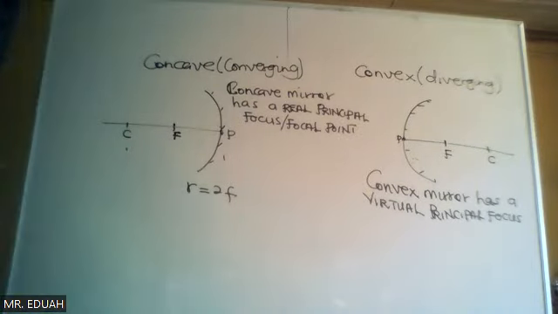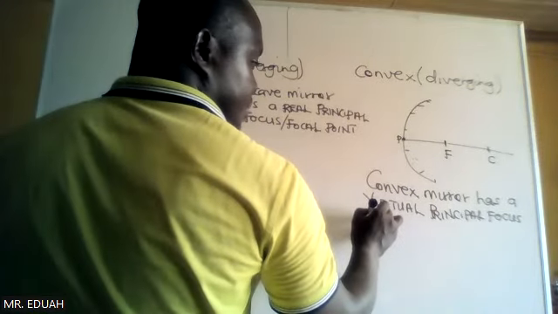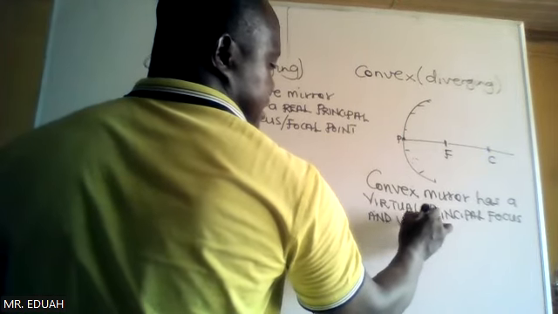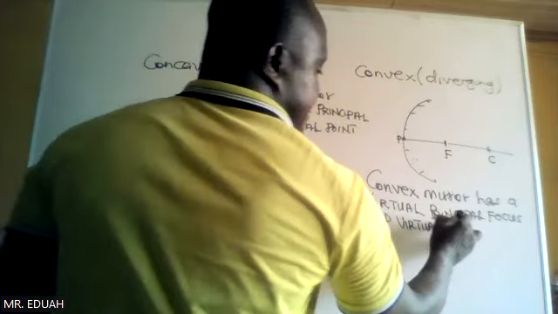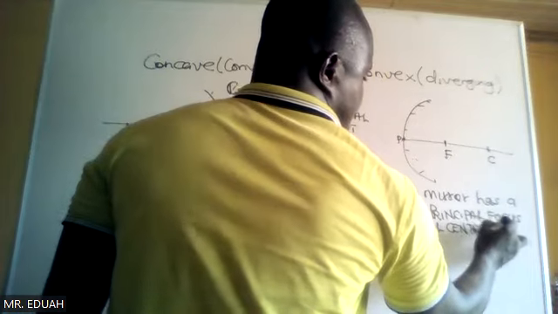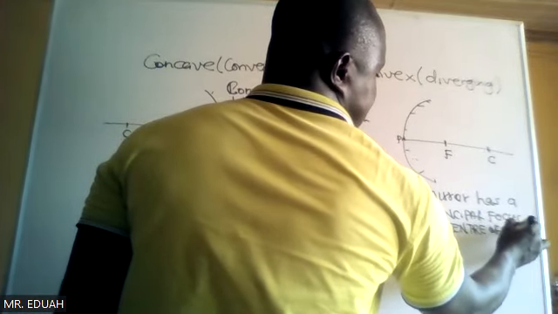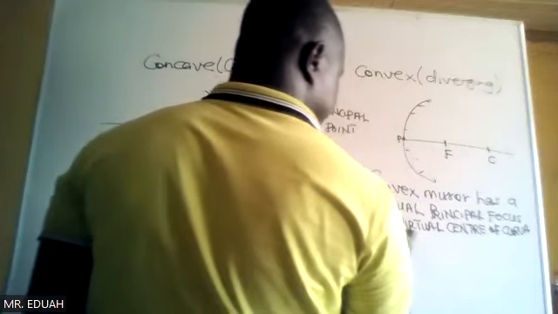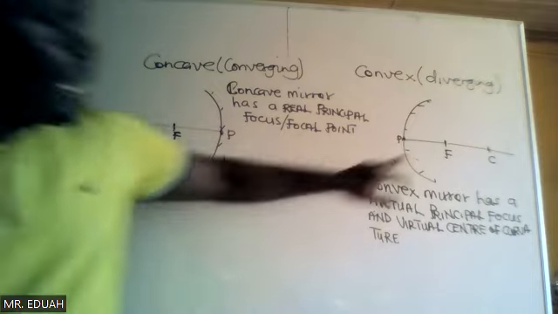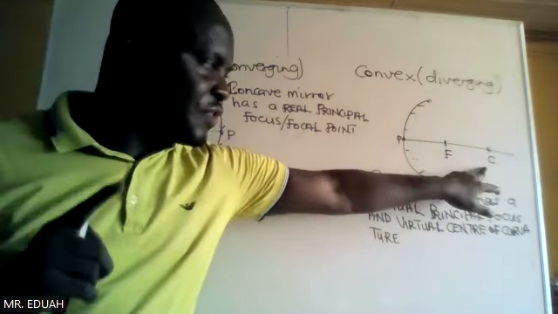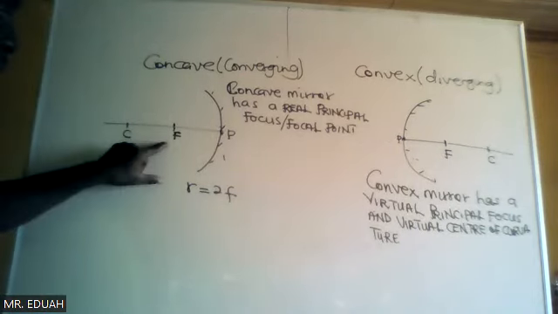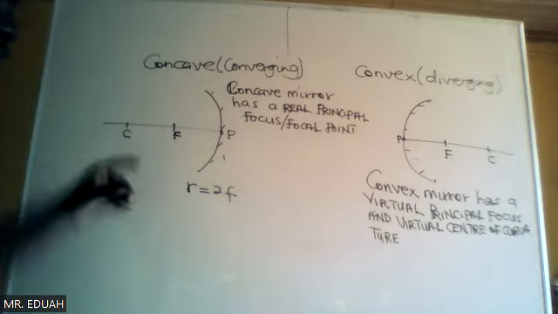and a virtual center of curvature. So for convex mirror, the principal focus and the center of curvature are virtual. For concave mirror, the principal focus and the center of curvature are real.